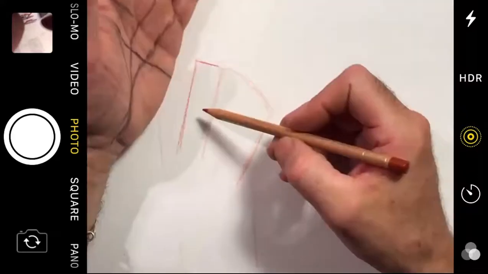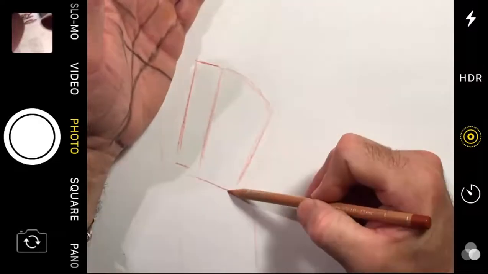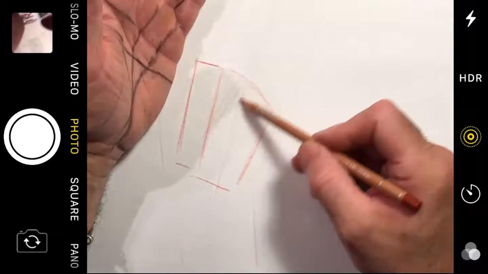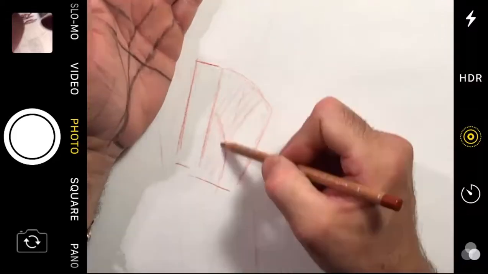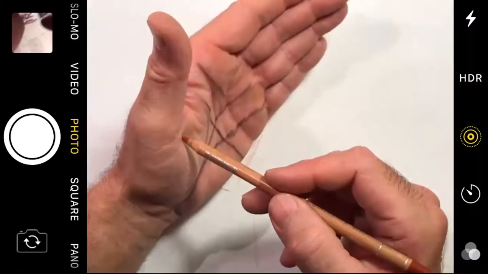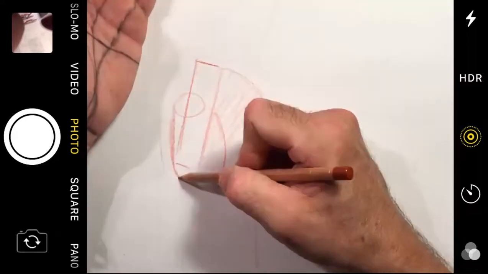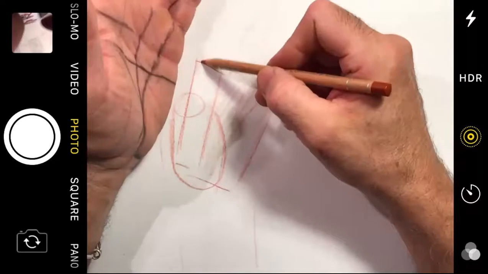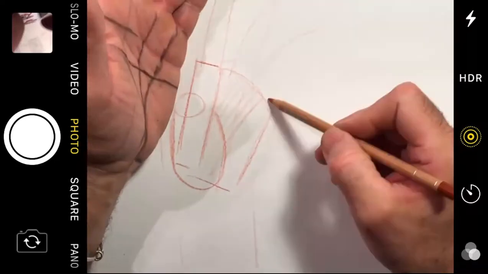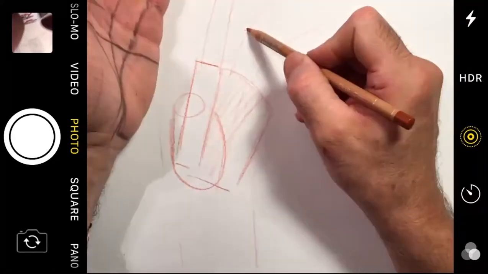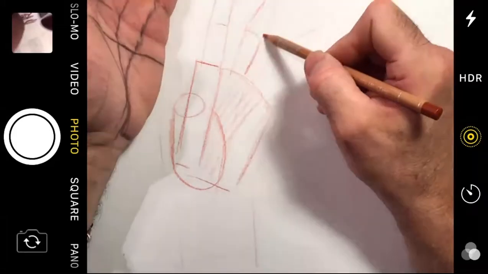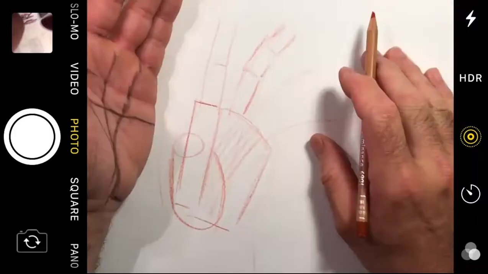So I separate the two forms. So this is the palm, and this is going to be maybe shaded. And now here, I can block in this, and then the fingers come out maybe one like this, one like this, one like, and one like that. Now I block in the cylinders of the fingers, right? Make sense? Yes, yes, thank you.